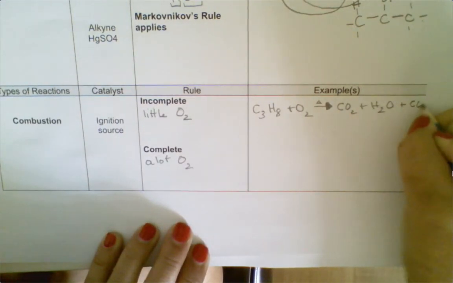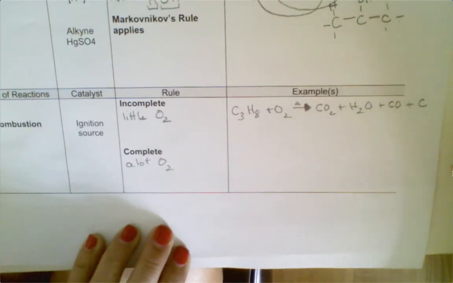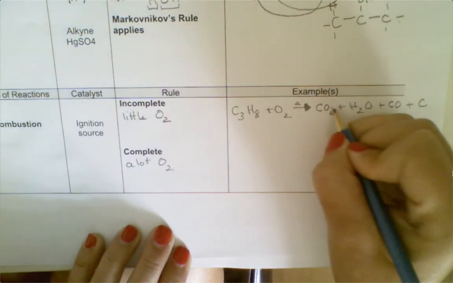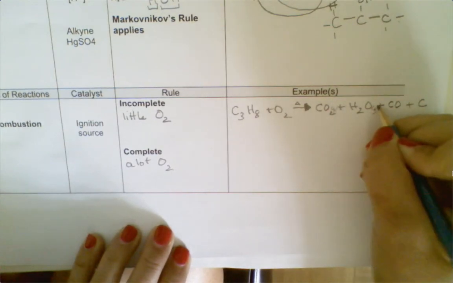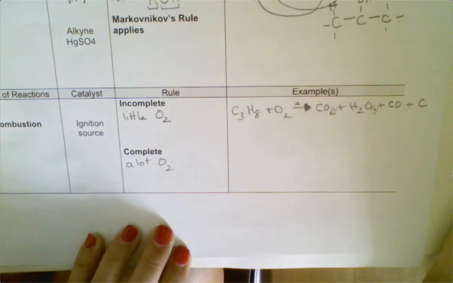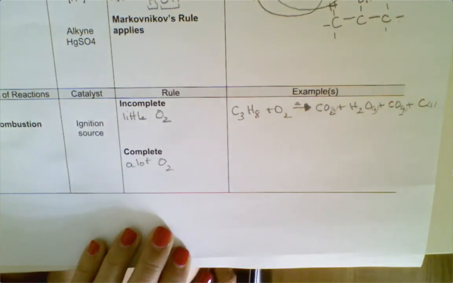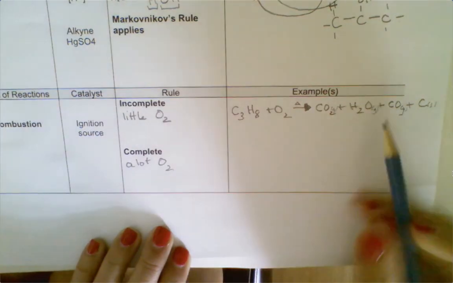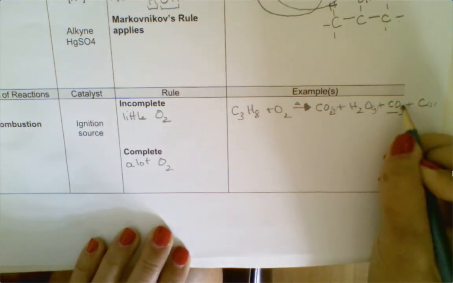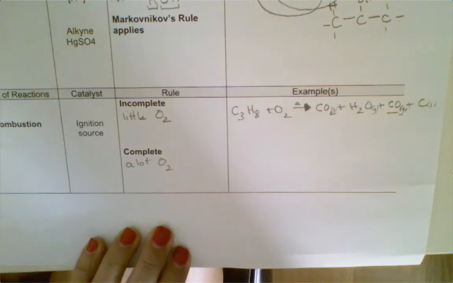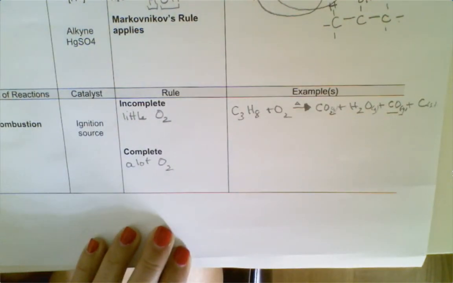You get carbon monoxide as well as solid carbon, soot. So these would all be gases, due to the high amount of exothermic heat reaction, and then this carbon would be a solid. You'd want to go back and balance that. But again, this is that sort of lethal compound that's made, carbon monoxide. That's not good when you have incomplete combustion.